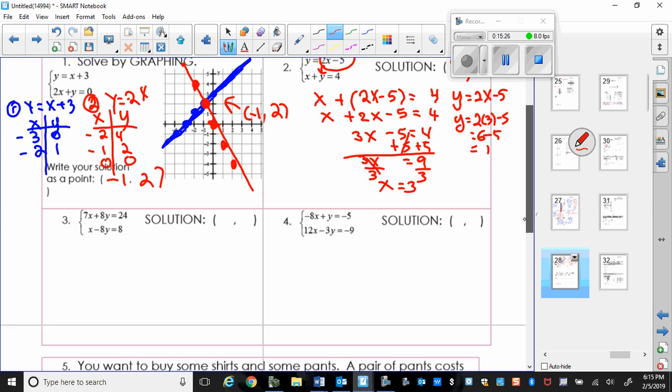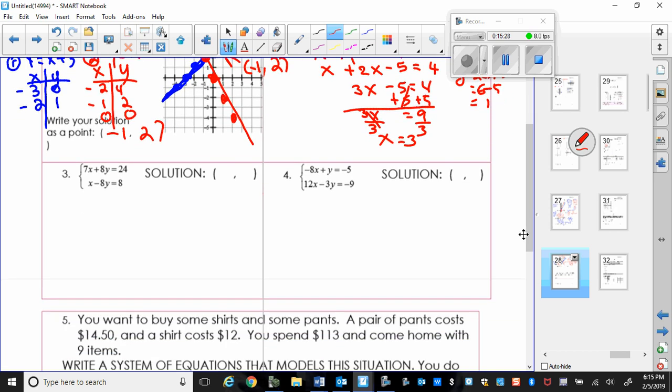All right? Now, next, what method do you want to use? I would say, ask yourself, if the x and y's are on the same side, could you use elimination? Could you use substitution? Which one's easier?